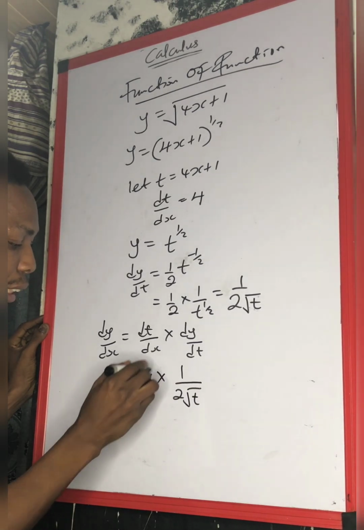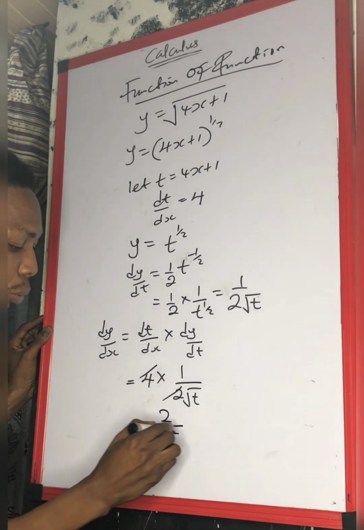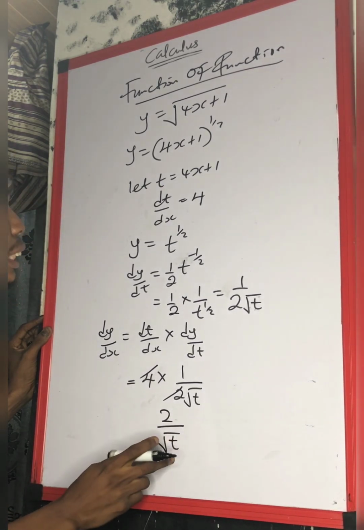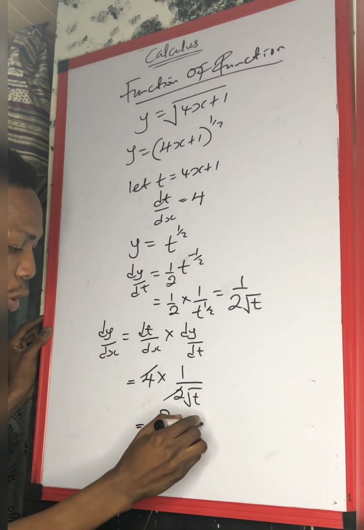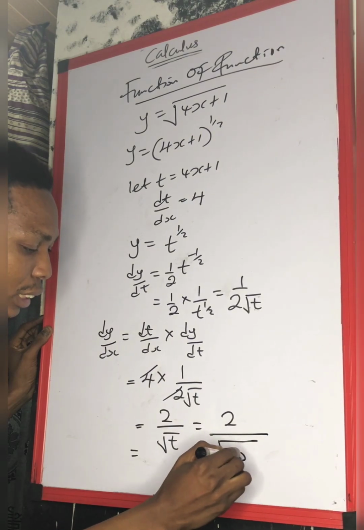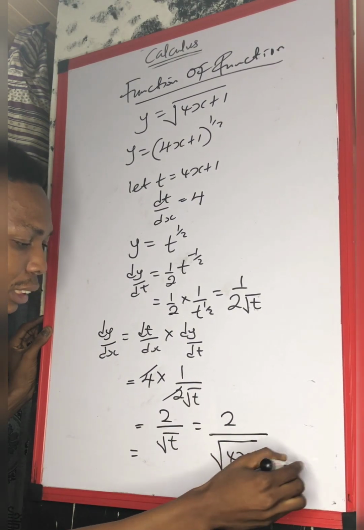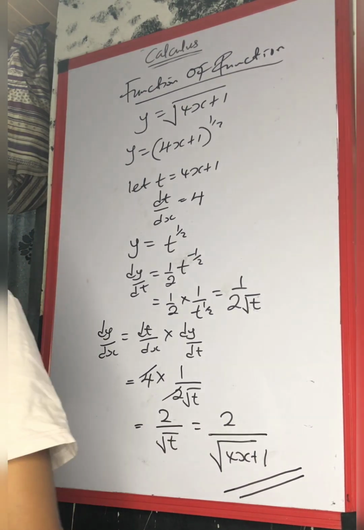This can cancel out this, so we'll be left with 2 all over root t. And our t is 4x plus 1. So our final answer becomes 2 all over root of 4x plus 1. So that's our answer. We can move to the next question.